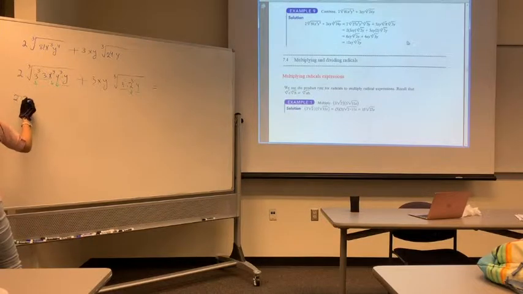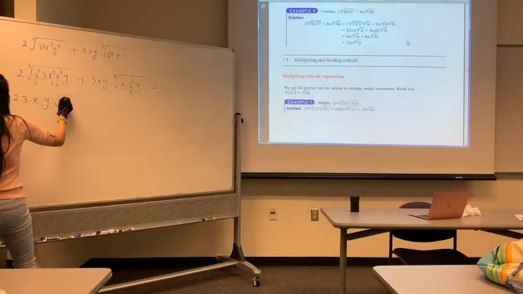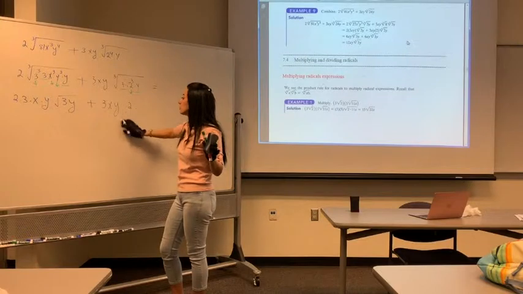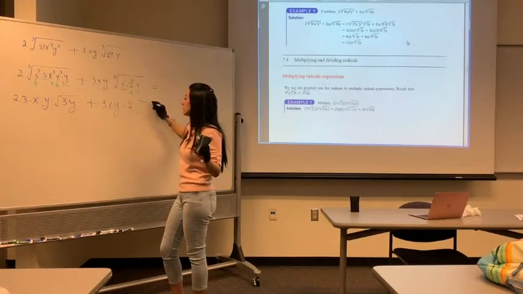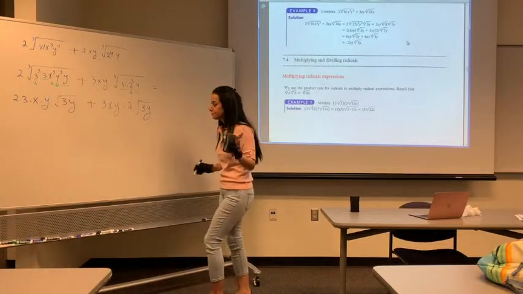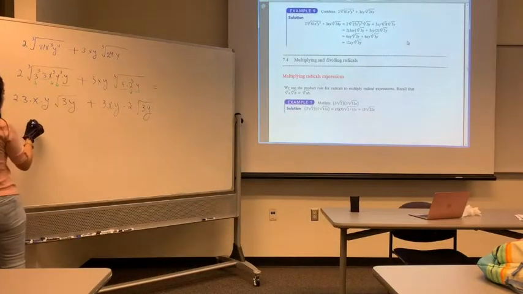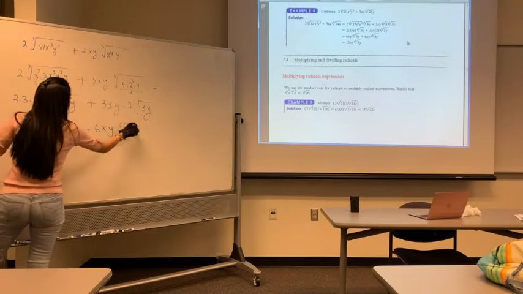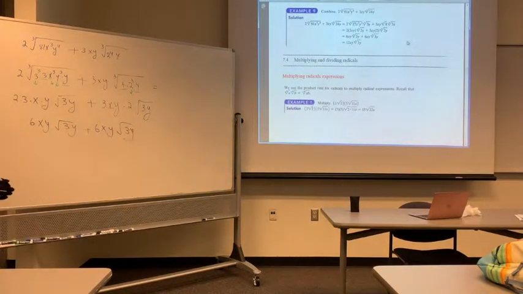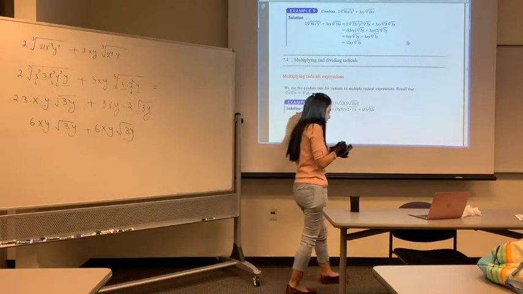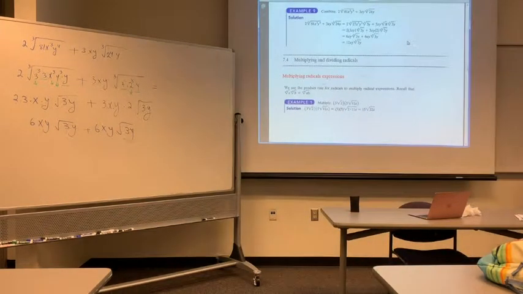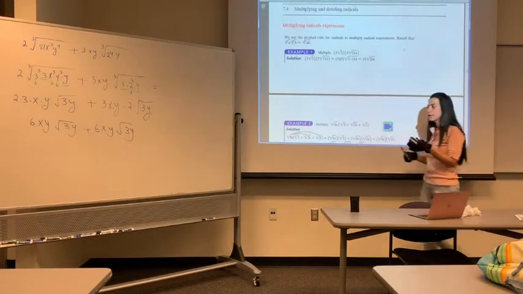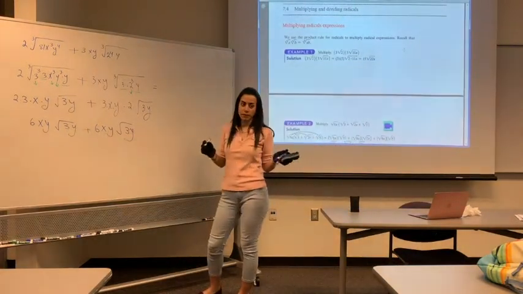So 2, 3, x, y, radical 3y, plus 3, x, y, 2, radical 3y. 6xy radical 3y plus 6xy radical 3y.